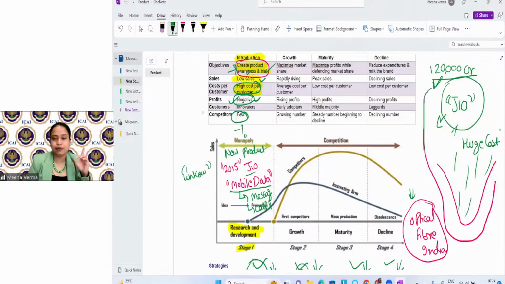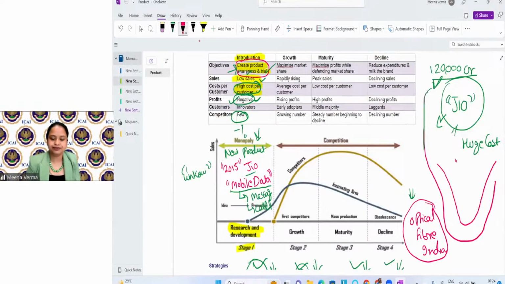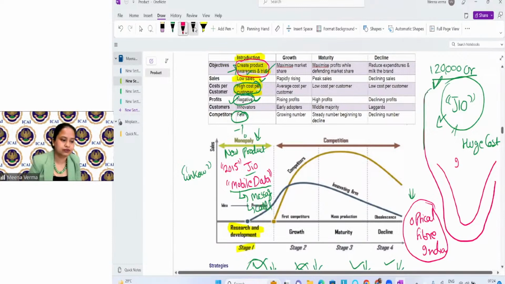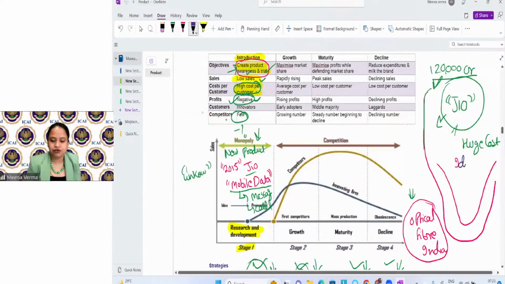And there was no competitor, let me tell you. So when Jio was introduced in the market, Jio almost created a monopoly. And I remember, because of optical fiber, other companies did not have such optical fiber in India, like Idea, Voda, Airtel.